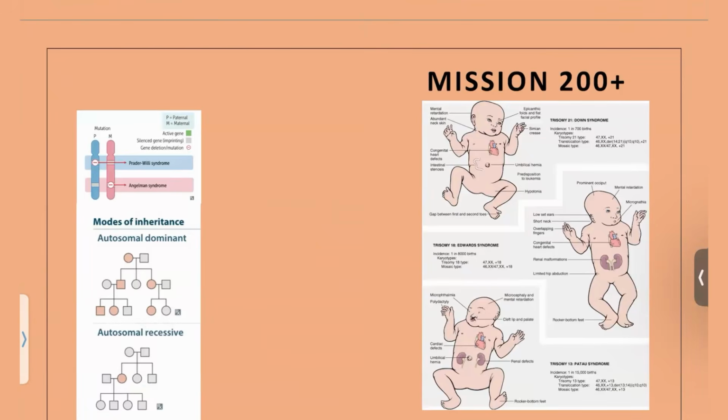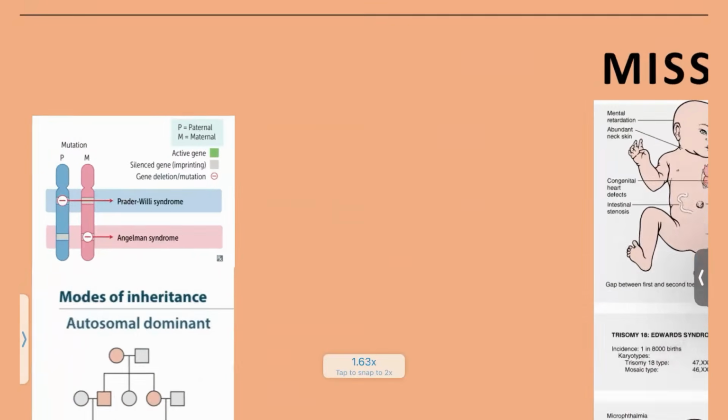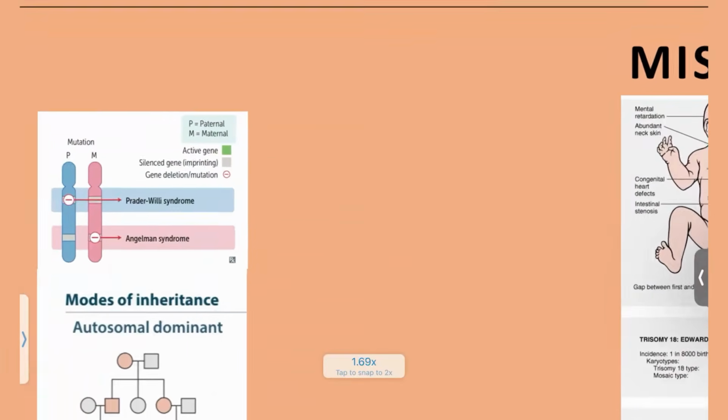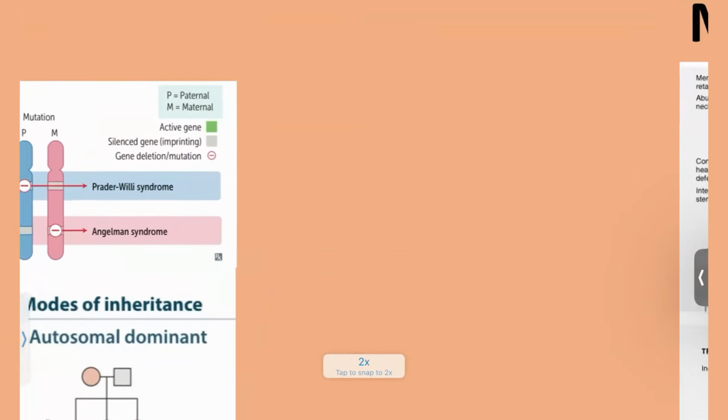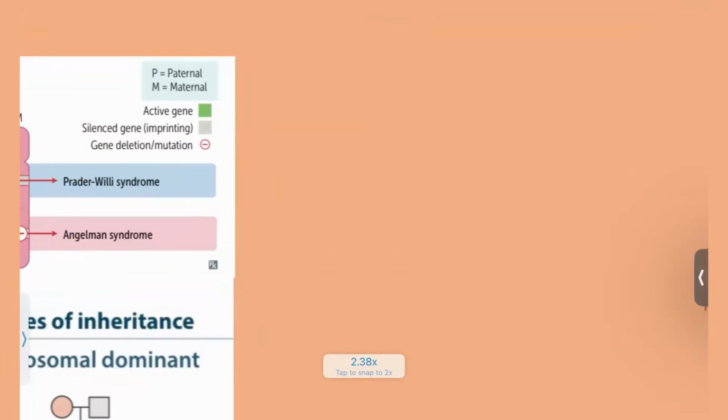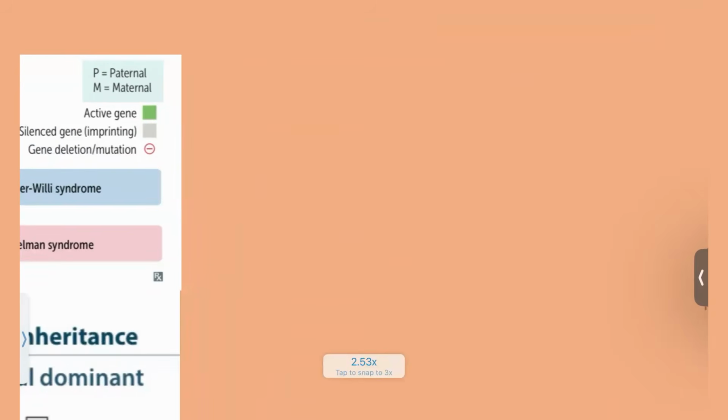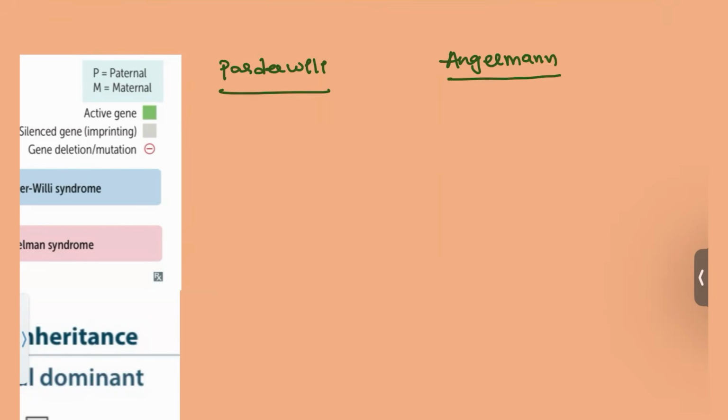In genetics, we have different types of Mendelian and non-Mendelian disorders. In the non-Mendelian disorders, here are the paternal and maternal deletion causes. One is Prader-Willi and the other is Angelman. Prader-Willi: P for Prader-Willi and P for paternal.